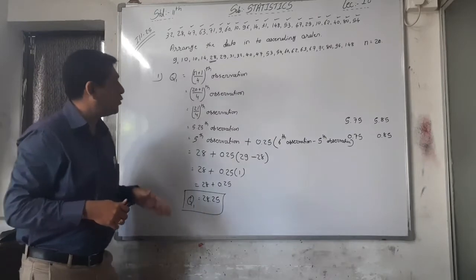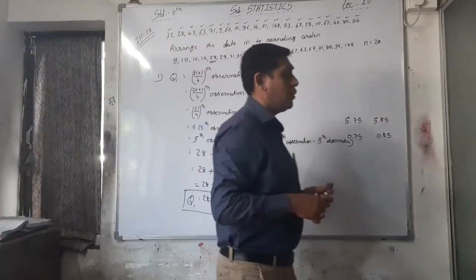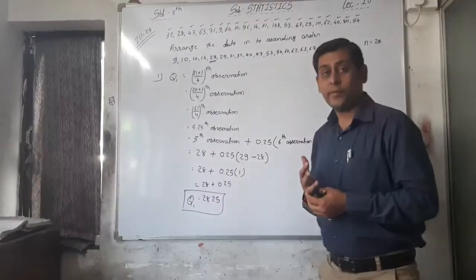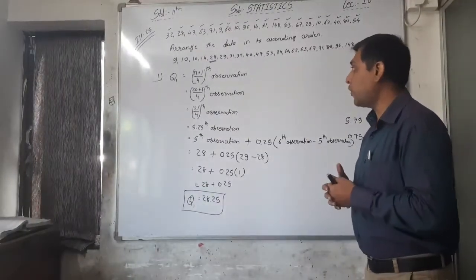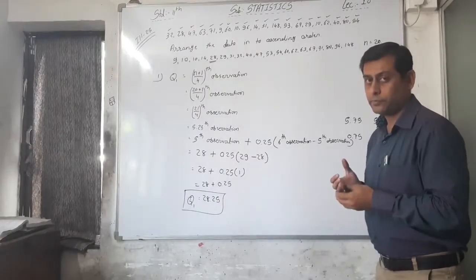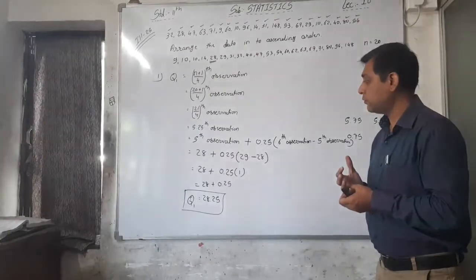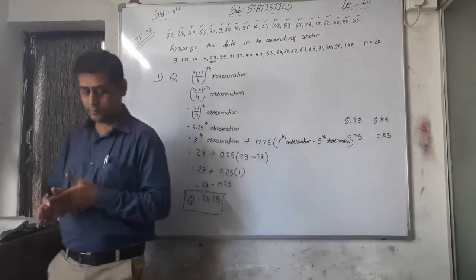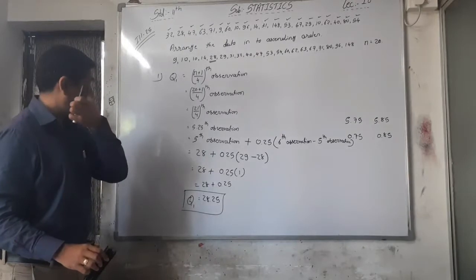First of all, write down this and then I will explain the next one, that is D7. Write this down first because I have to remove it.